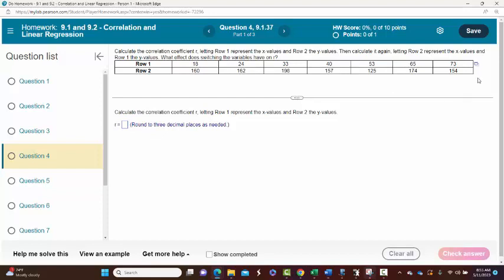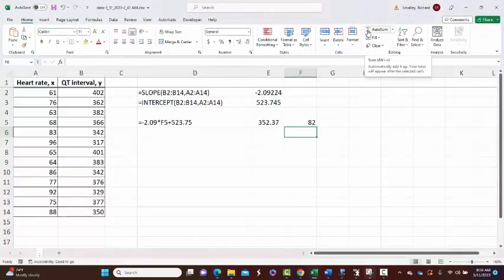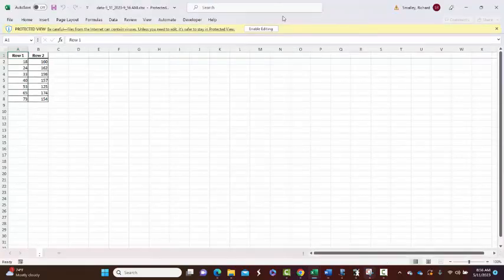So let me come over here and click that little box that gets our data for us. All right, enable editing.